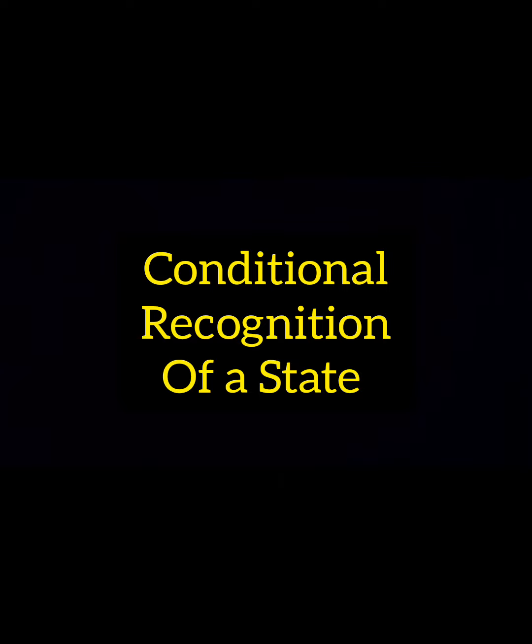So the recognition given by Britain, France, Italy, and Germany in 1878 to Serbia by putting an additional condition that it should not impose any religious inabilities on any of its subjects is an additional condition, because this condition is not an original requirement of an entity to become a state.